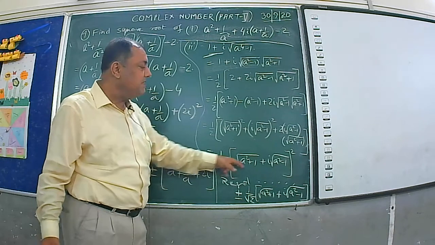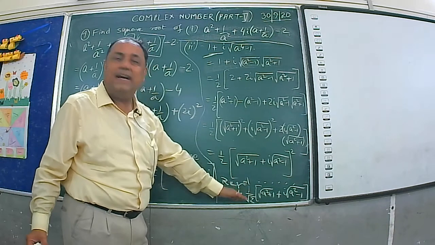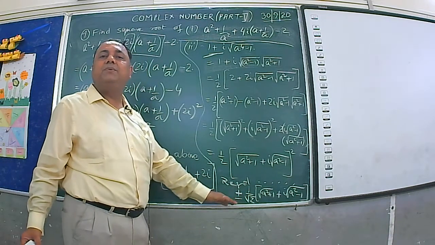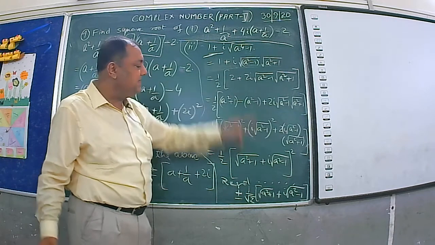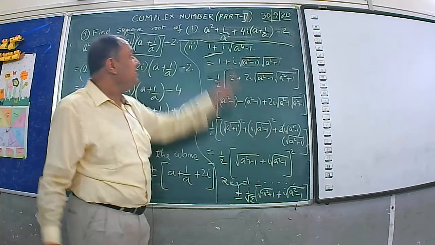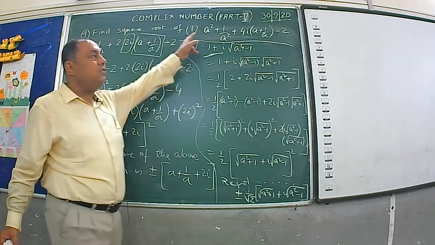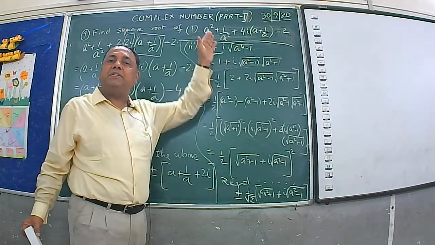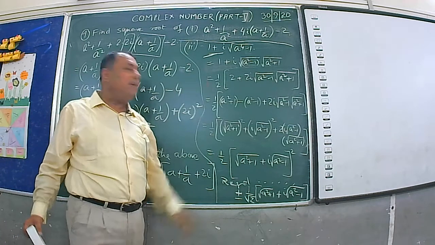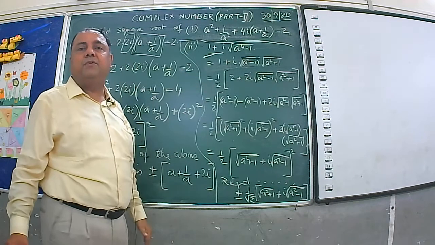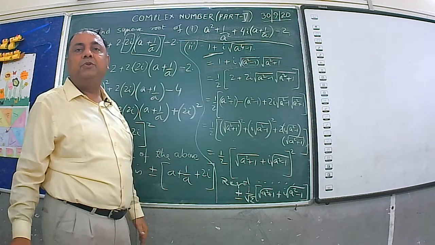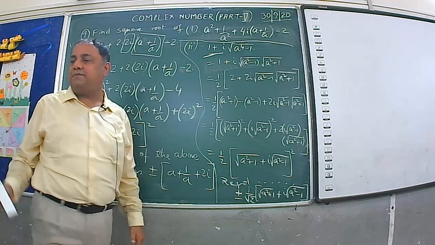If I can express in this form, directly I can write its square root. Similarly, for the last problem, this is a very important problem. Generally, students get confused. After completion of problem number 4, we move on to problem number 5.